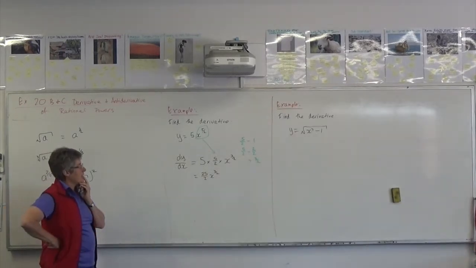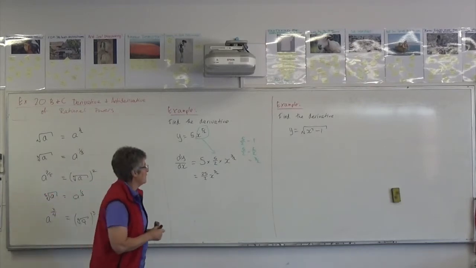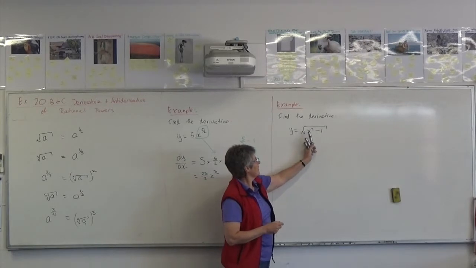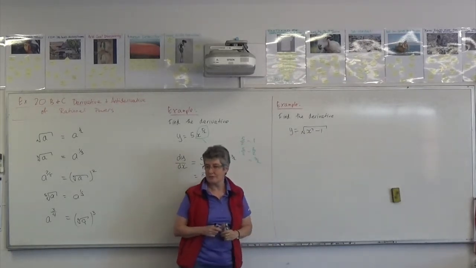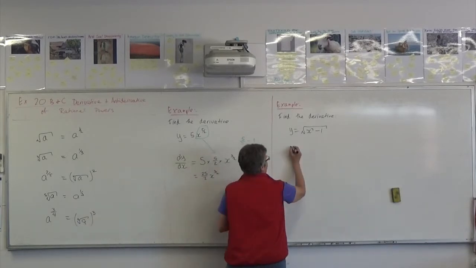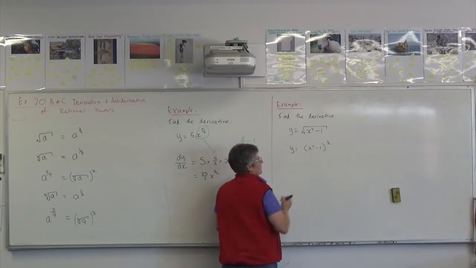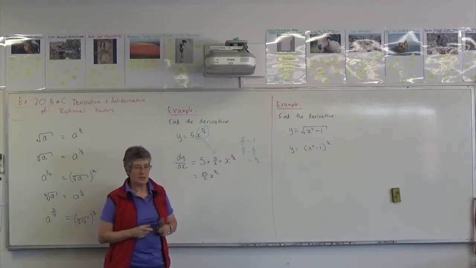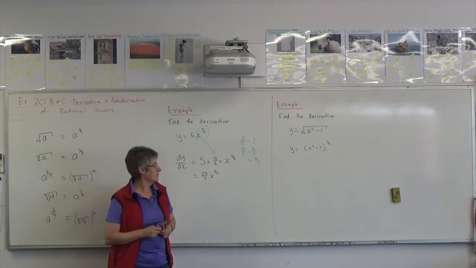So what's going to be our first step with that? We could actually go 2 ways. I would get rid of the square root first. Yep. So I would rewrite it as, yep. So put it like that first, then go to your step.